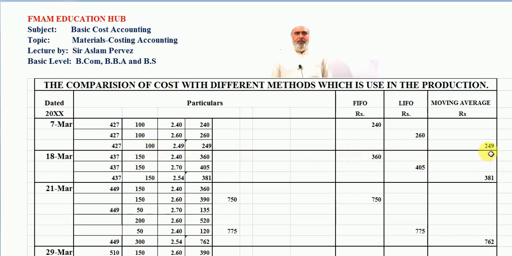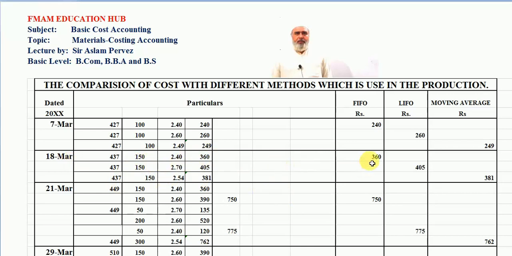You are looking clearly here, the costs are different in all 3 methods. Same as 18th March, we again issued 150 units.